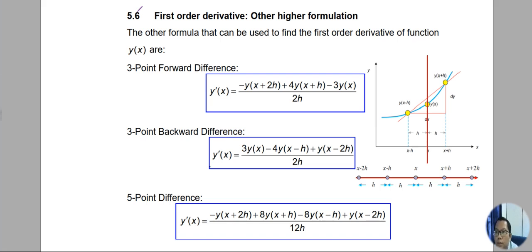So the other formulations that can be used to find the first order derivative of a function y(x) are, for the first order, when we get the function of y(x), let's say this is the distance s(t).